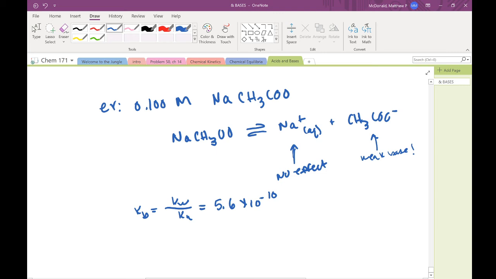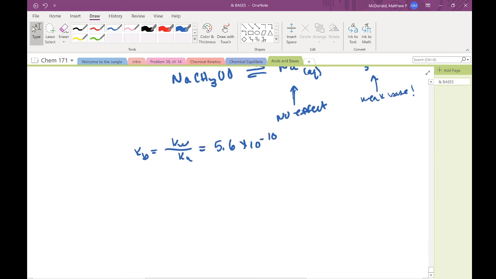Okay, so now we have the Kb. In our solution, the reaction that's going to be important for us is the acetate ion reacting with H2O to form acetic acid and OH minus. Okay, that's the important reaction.